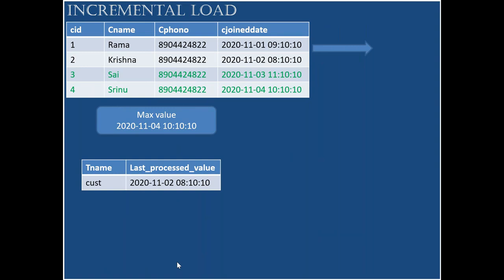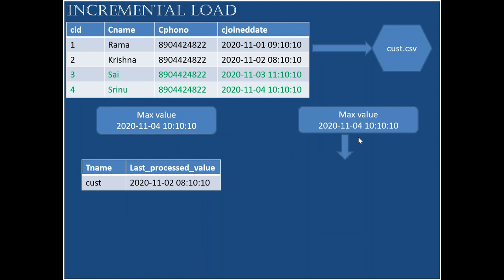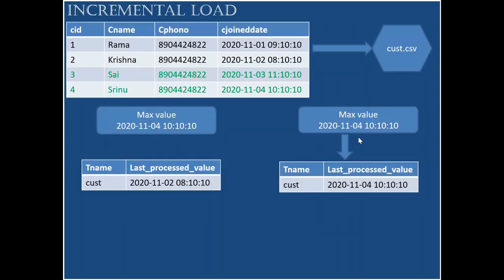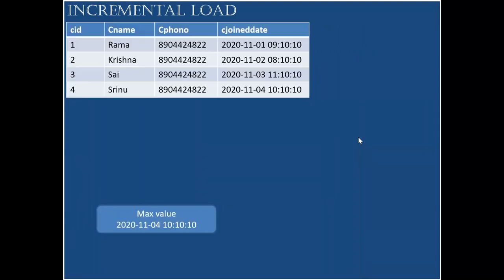Select star from table where C join date is greater than 2020-11-02. Excellent. Now you will copy those two records, 3 and 4, and you will copy 11-04 into the target. So the last processed value will be updated. That's how things are going to happen.